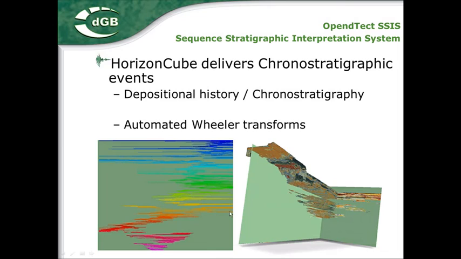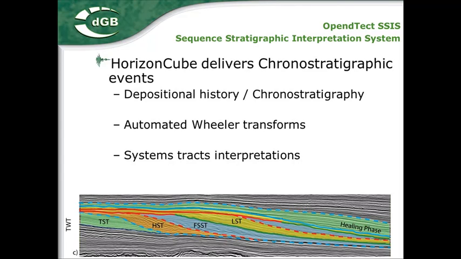I see that I have gaps in my data. These gaps correspond either to erosions or non-deposition, or they correspond to condensed sections.